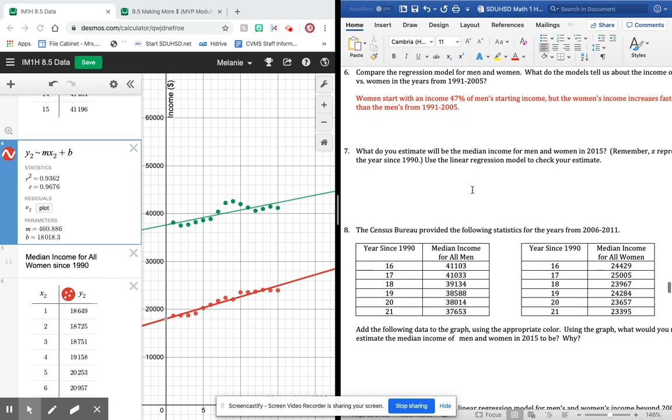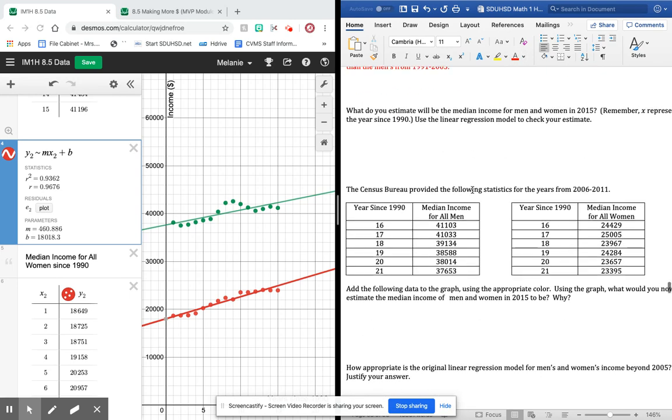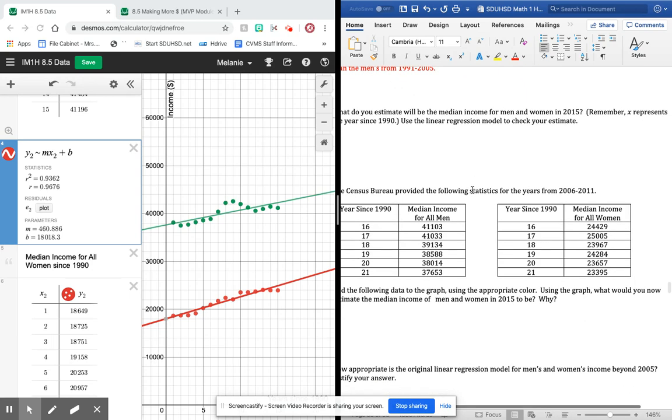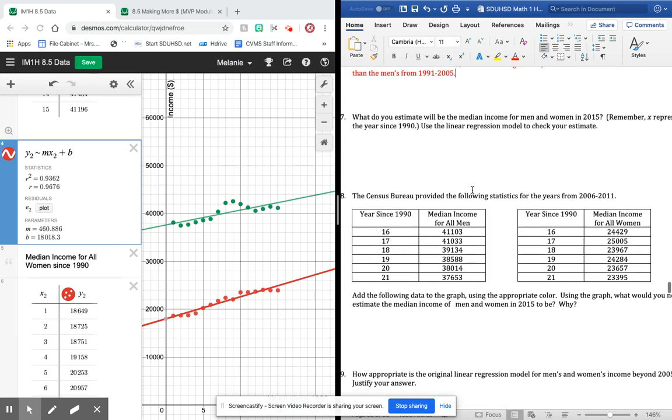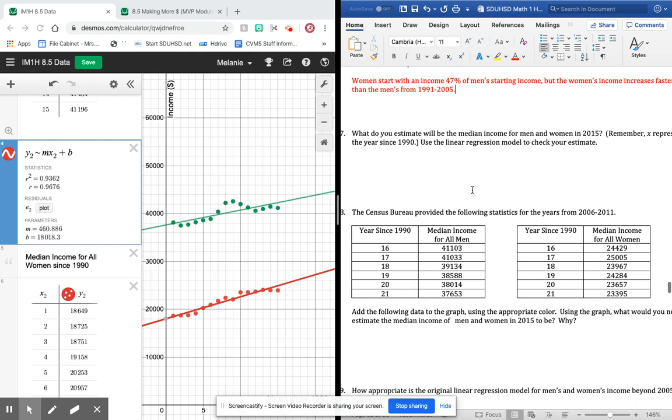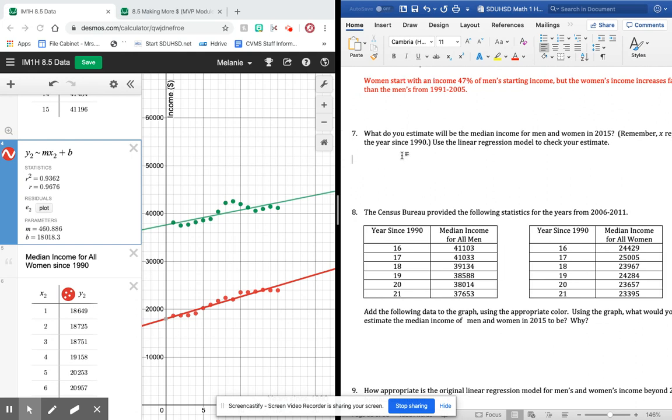What do you estimate will be the median income for men and women in 2015? So remember, x represents the year since 1990. Use the linear regression model to check your estimate. This you probably want to work out in your notebook, showing work to use an equation.